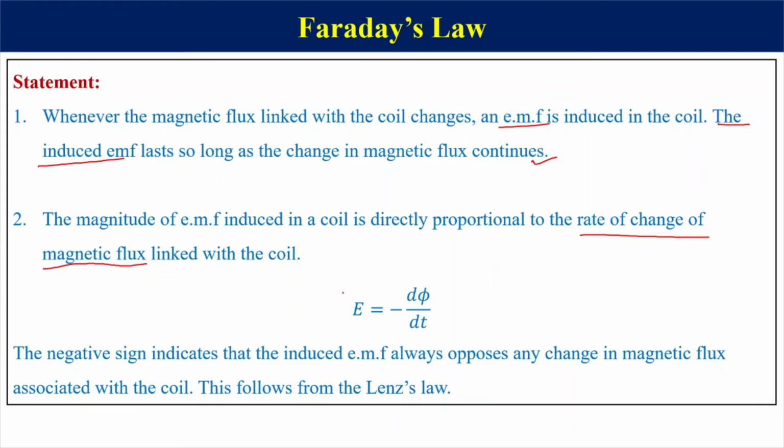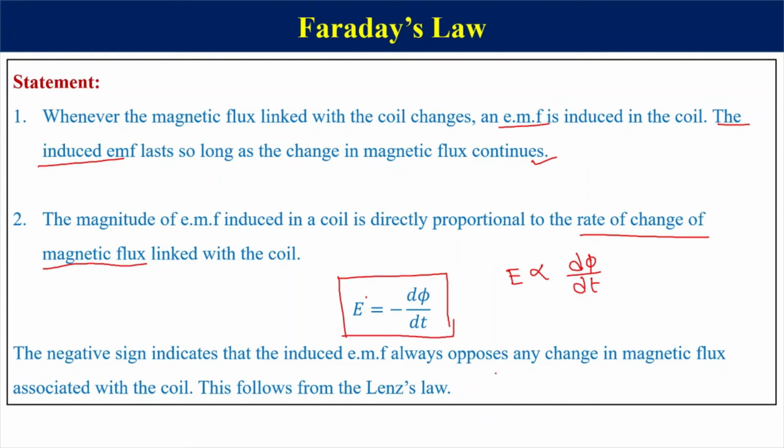So we can establish that the EMF E is equal to d phi upon dt. Basically, Faraday came down to the statement that the induced EMF is directly proportional to the rate of change of the magnetic flux per unit time. He could not find whether there is a negative sign or not. By the way, now we know there is a negative sign, and this negative sign indicates that the induced EMF always opposes any change in magnetic flux.